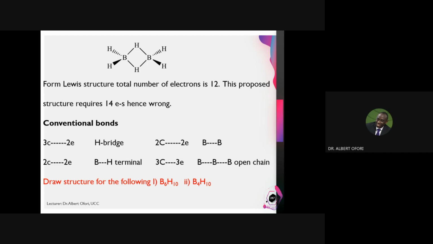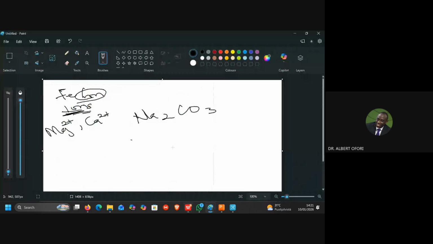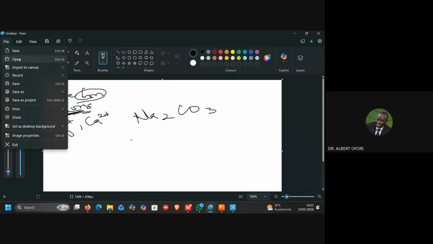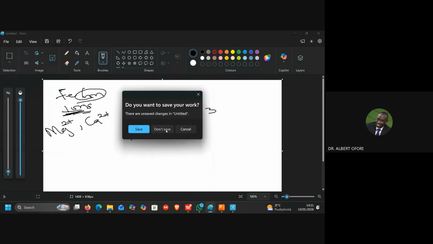So we use a rule which we call the Wade's rule to predict more shapes and how it's going to be forming the cage forms of that. So let me minimize this and then let me talk about Wade's rule. I've given the rules in the document, so it's good we practice that. So let me close this and then open a new one.